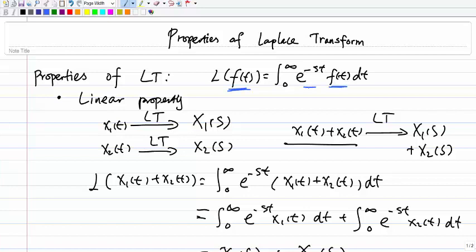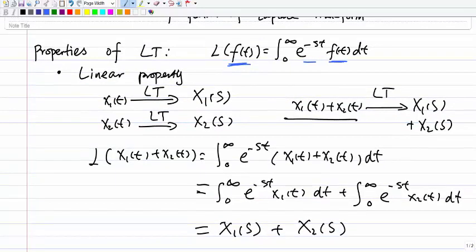Based on this basic definition, we have a couple of properties. The first property is called the linear property. What the linear property says is, if I have two functions x1(t) and x2(t), and the Laplace transforms of x1(t) and x2(t) are capital X1(s) and capital X2(s), then the Laplace transform of x1(t) plus x2(t) will be just X1(s) plus X2(s).